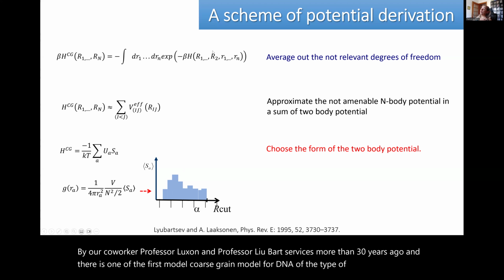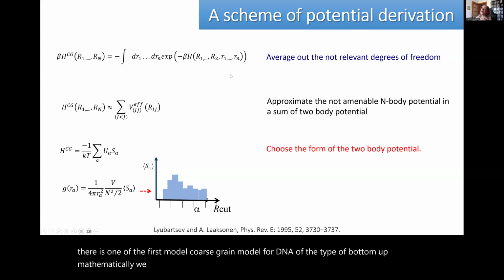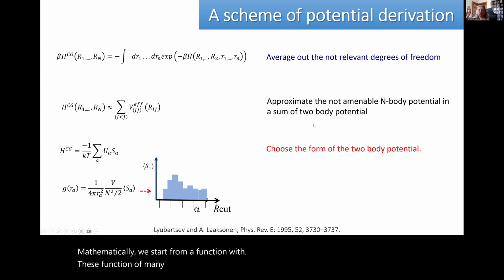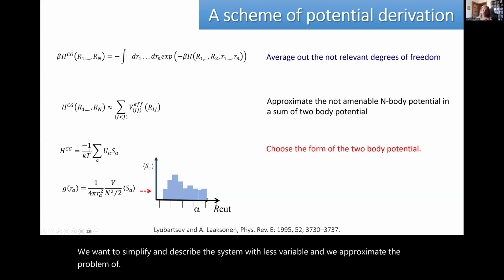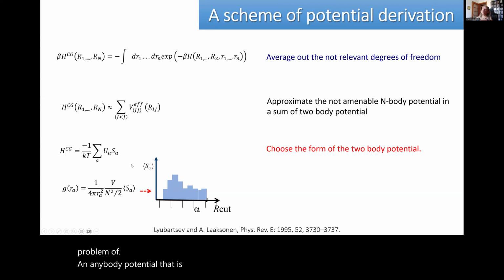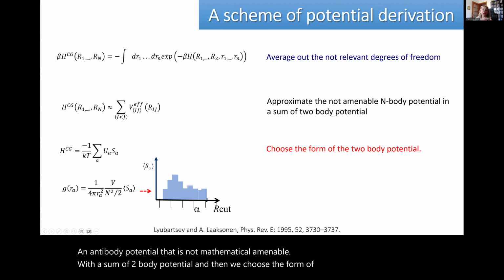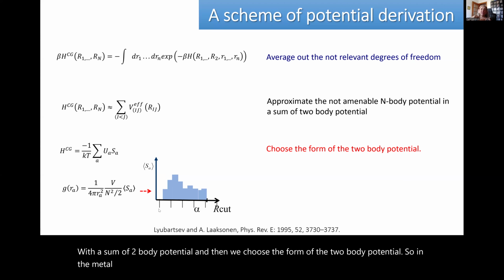Mathematically, we start from a function that is a function of many variables, and we decide that we want to simplify and describe the system with fewer variables, and we approximate the problem of an n-body potential that is not mathematically amenable with a sum of two-body potentials, and then we choose the form of the two-body potential.